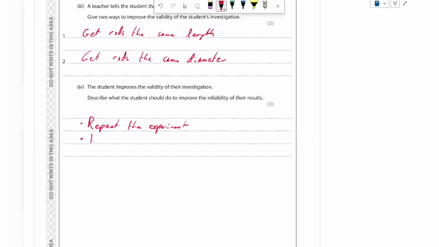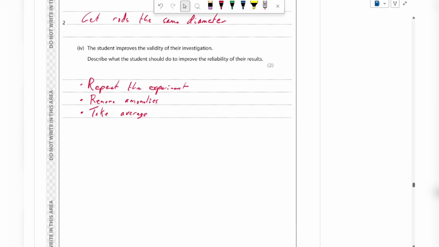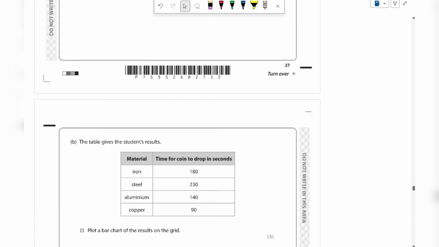You do that in order to remove anomalies, so you can remove the dodgy results, and then you can take an average. You're taking an average of good results, and that's going to improve the reliability. Just saying repeat here is probably just going to get you the first mark.